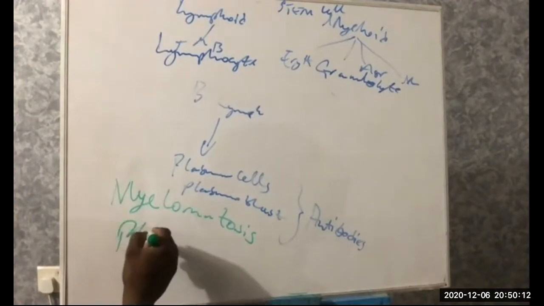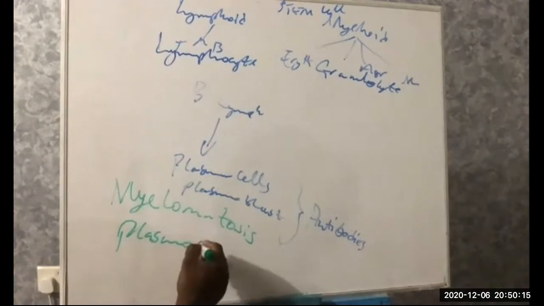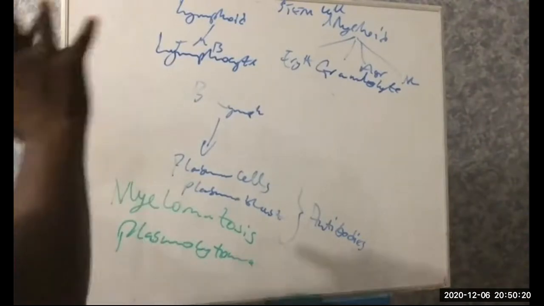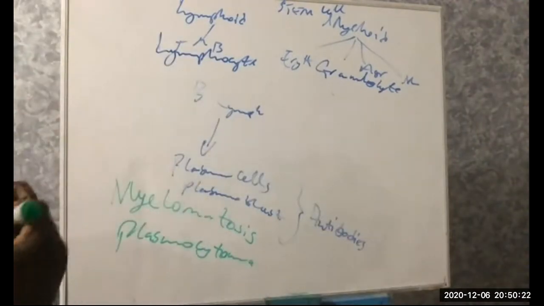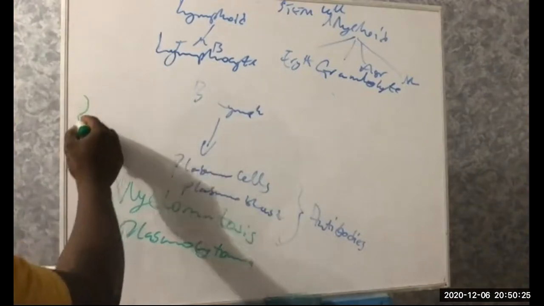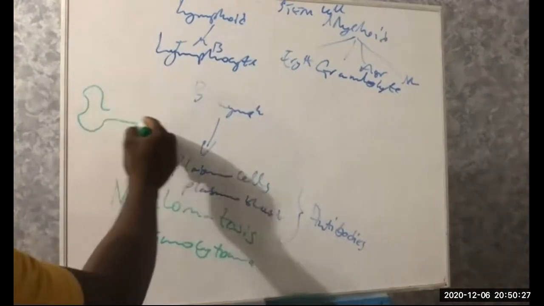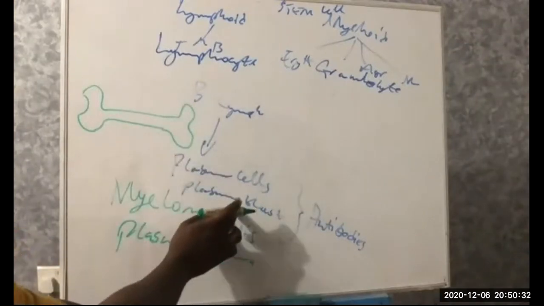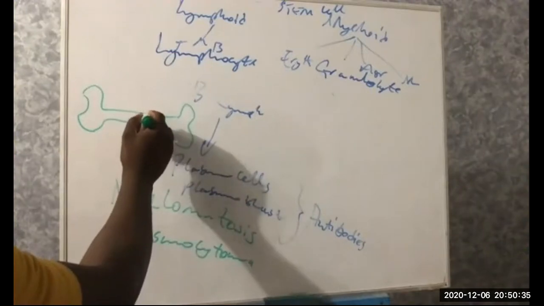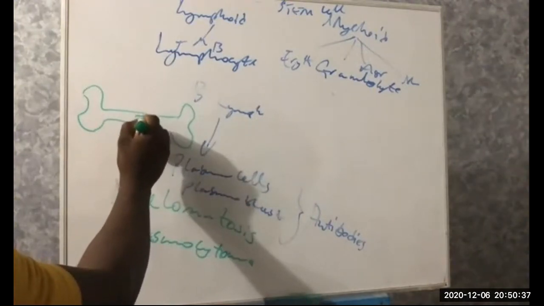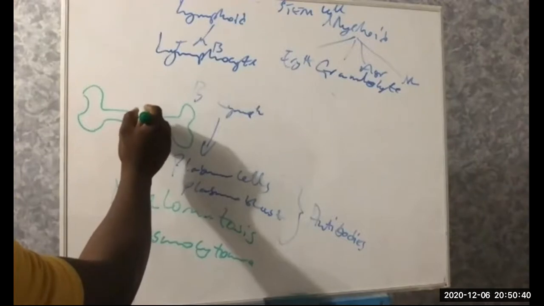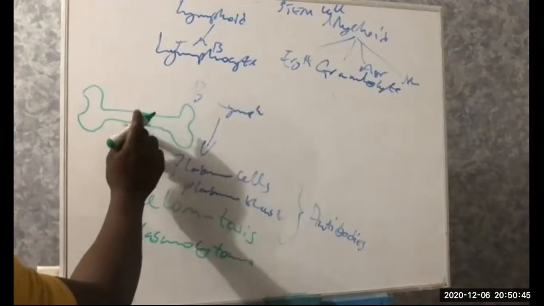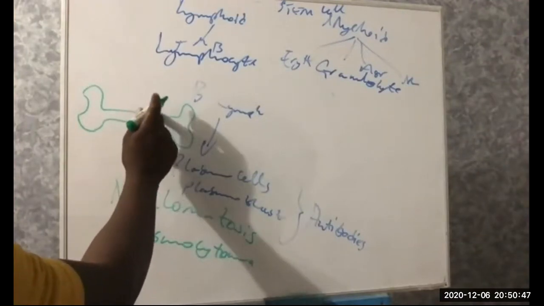And we can call it plasmacytoma when it is found in one site, but it is forming like a tumor. Because they are happening in the bone marrow, these plasma cells will keep on dividing so much that it will start compressing the bone marrow and degenerating it.